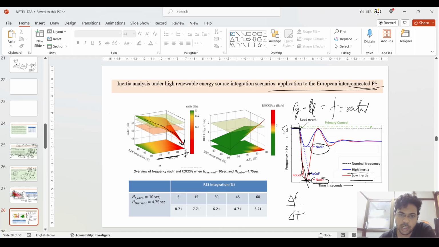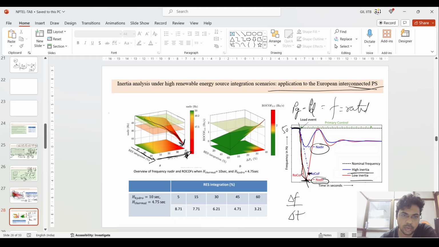Okay, so this is the concept of the frequency nadir, and the same has been visually explained here: if the percentage penetration increases, delta P increases, so the frequency nadir got dropped down. Why? Because the delta P support is provided. In the higher inertia situation the nadir is higher as compared to when the lower inertia is there.